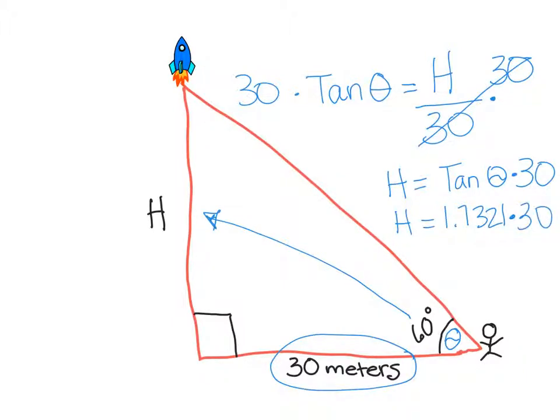When I multiply 30 and 1.7321, I end up with 51.963. So that means that the height that the rocket reached is about 52 meters.